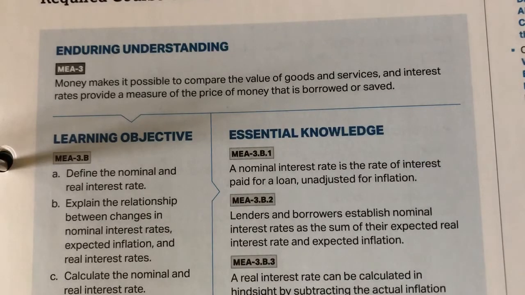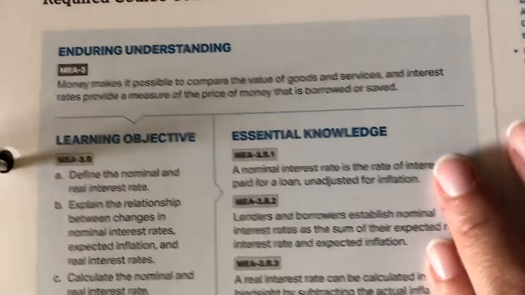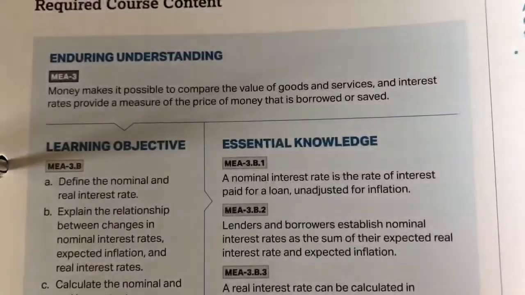That's why I tell y'all that having a savings account is not good, because usually you're getting less than the rate of inflation. The real interest rate is the interest rate calculated by subtracting that inflation out of it. And we did this before.